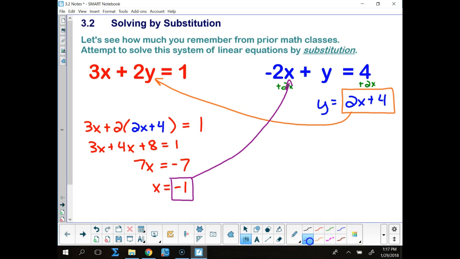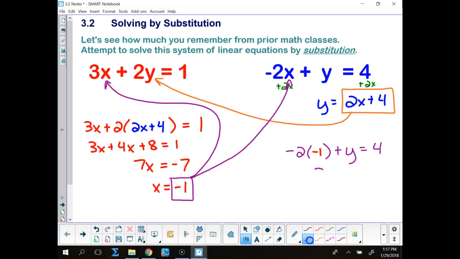Could I also go there? Does it matter which one I go into? Doesn't matter, I can go into either one. So negative 2 times negative 1 plus y equals 4.